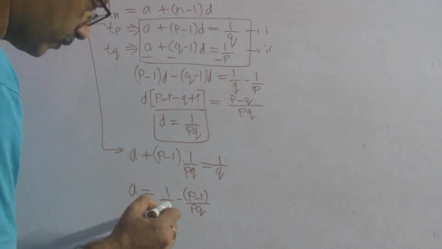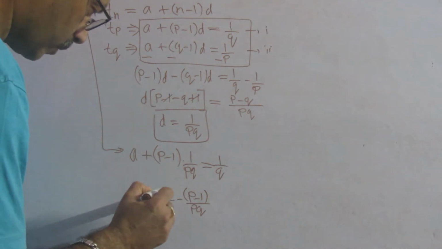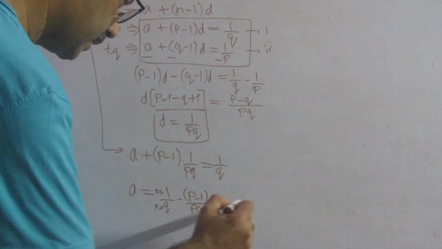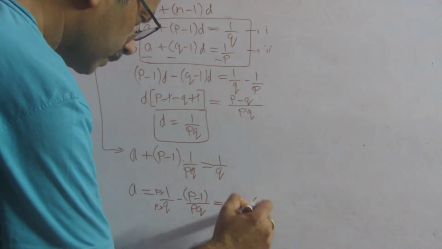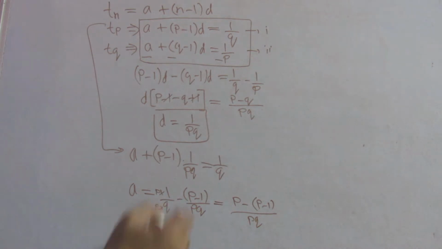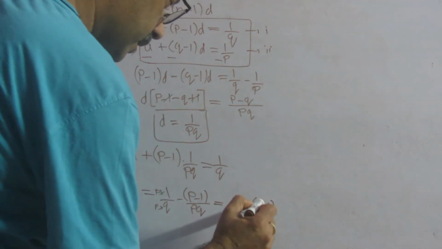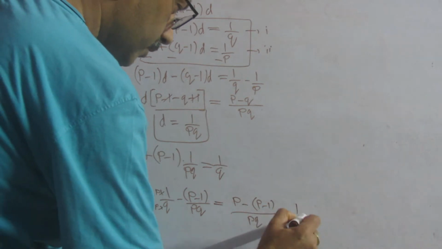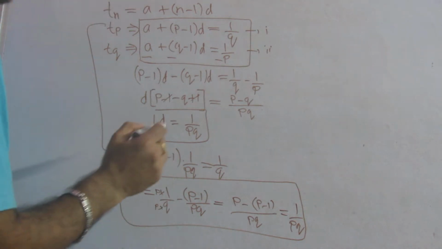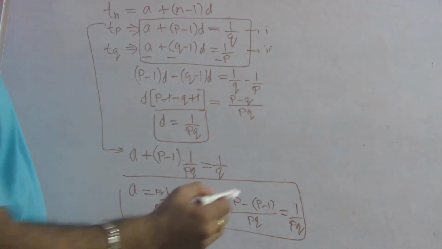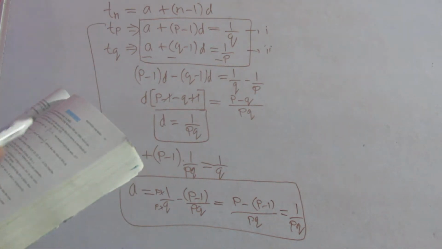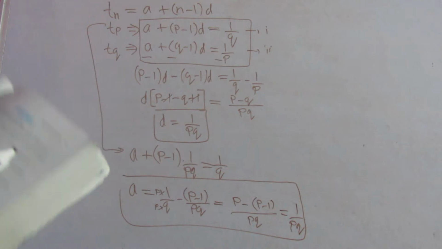This is pq, so I have to make it pq, so multiply the denominator with p and the numerator with p. So what we get for a is (p minus p plus 1) over pq. Now p minus p goes, and minus minus 1 is plus 1, so this is 1 over pq. So what we get here is that our d is 1 by pq and our a is also 1 by pq.